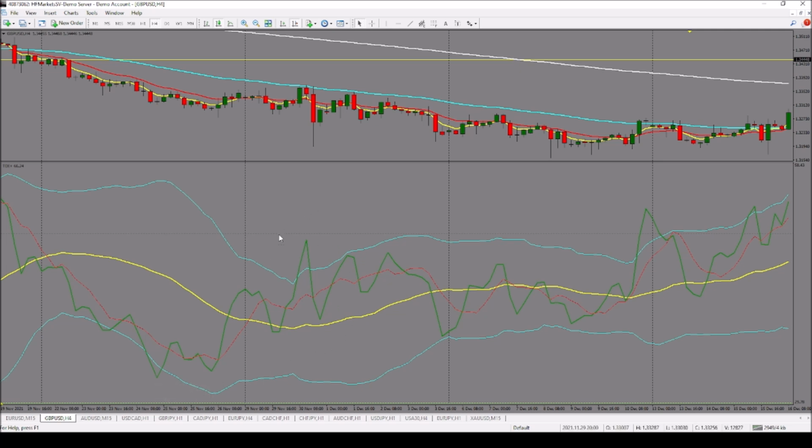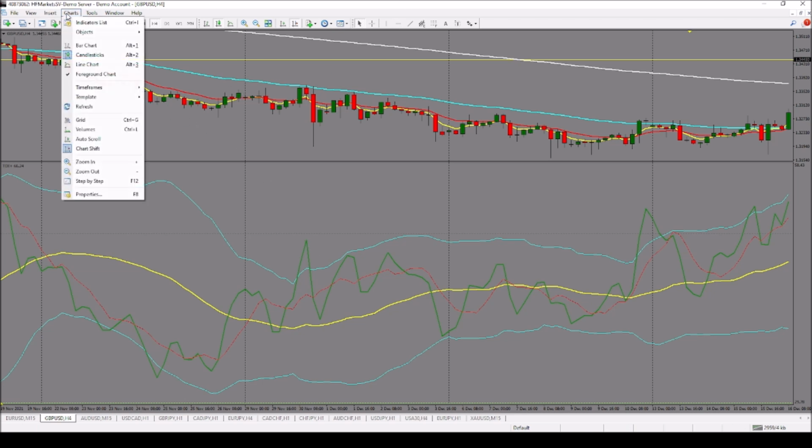After seeing these piercings or breakouts from the volatility bands, we need to go on the H1 time frame. It's actually a point where we would expect to see a reversal of the market, usually on the smaller time frames.